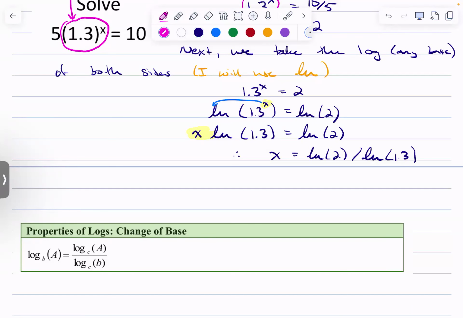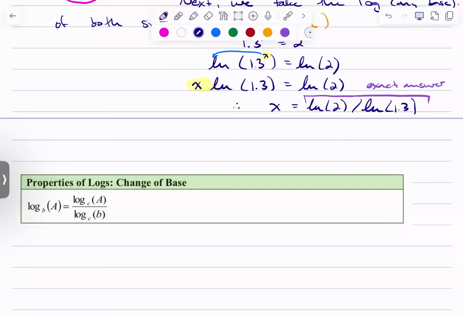This is the exact answer. Sometimes it's nice to get a decimal approximation. And so if x is approximately the ln of 2 divided by the ln of 1.3, I get 2.641926.796.